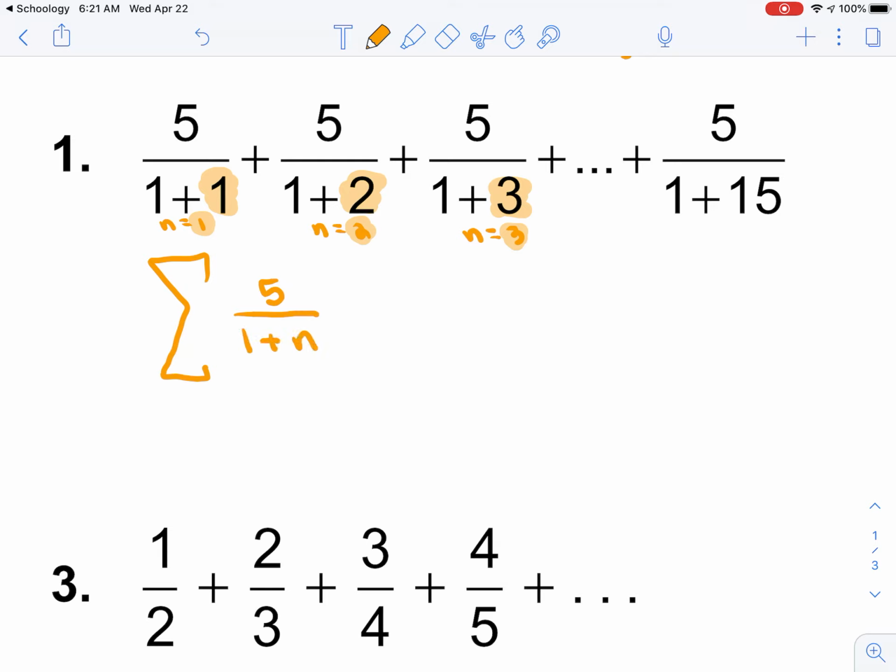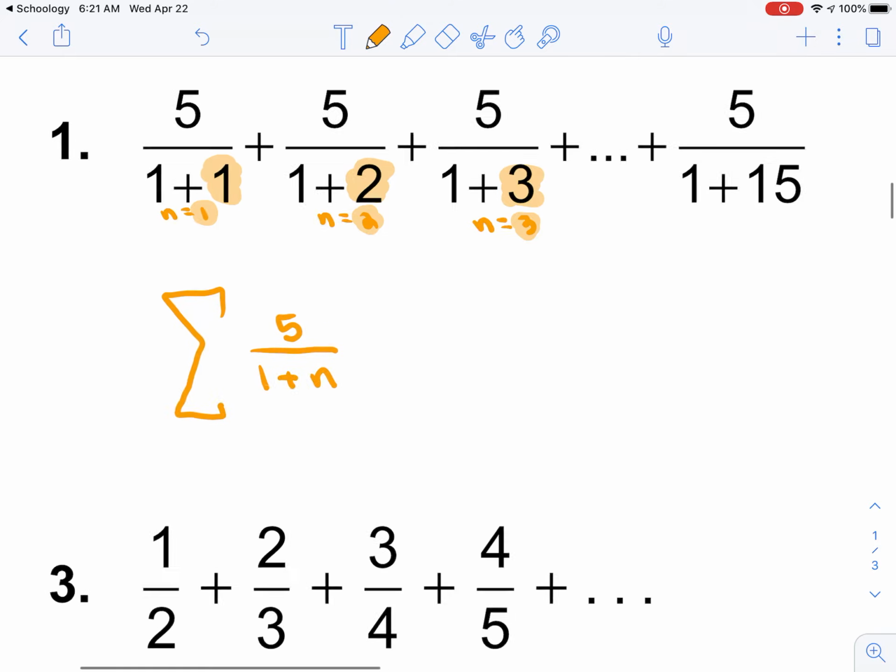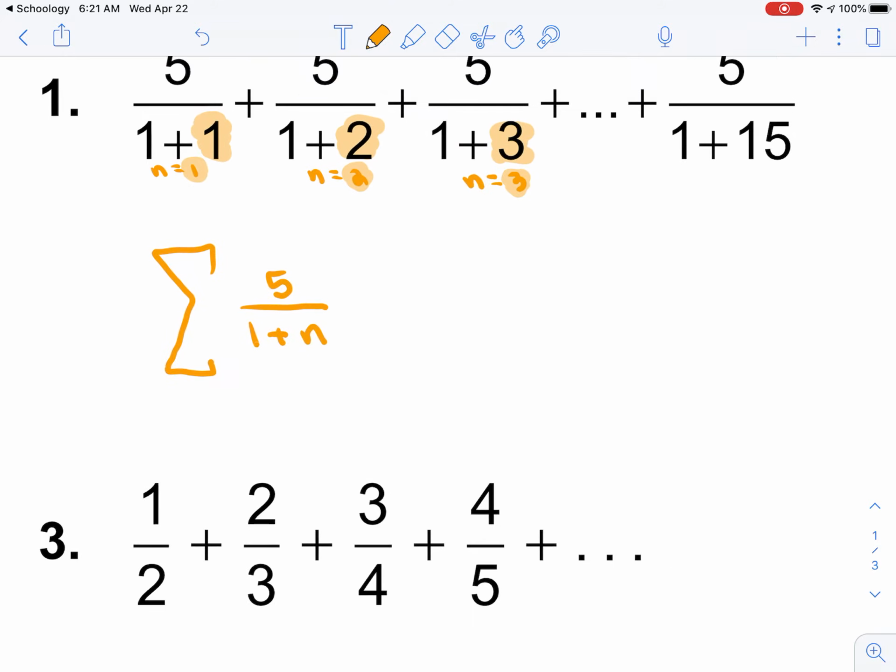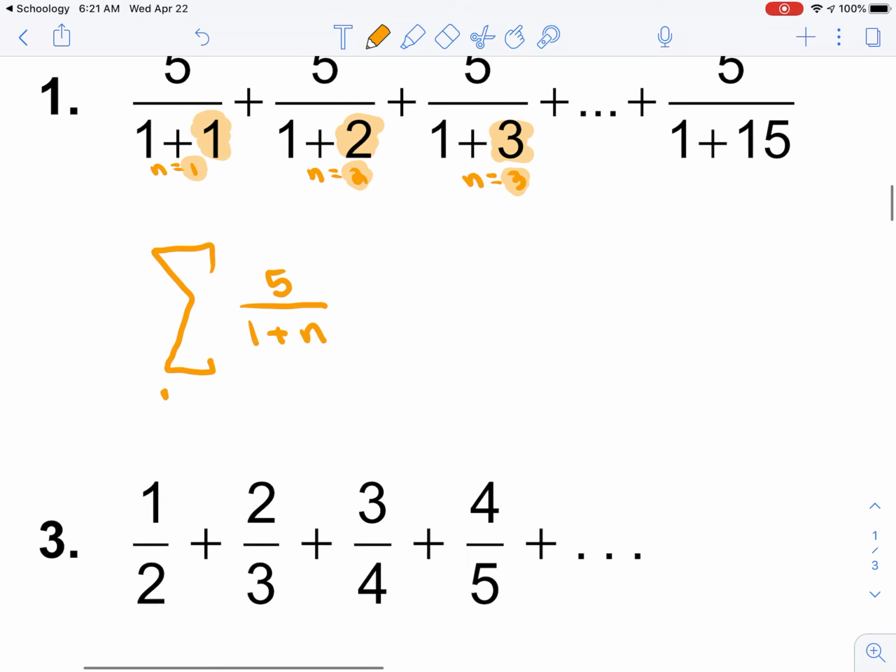Now, when I write my sigma, you first of all write the rule to the right, but then at the bottom, we need to talk about what's the first number we're going to sub in. Notice that the first number we're going to sub in is 1. Whenever you create a sigma, you want this bottom number to be a 1 or a 0. Mathematically speaking, the easiest is make it a 1.